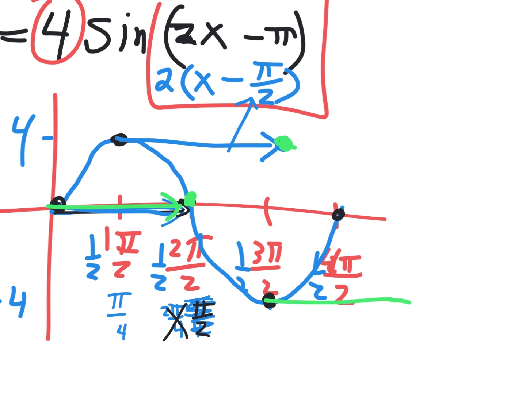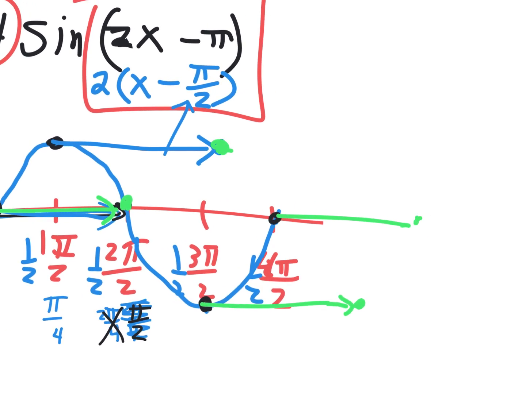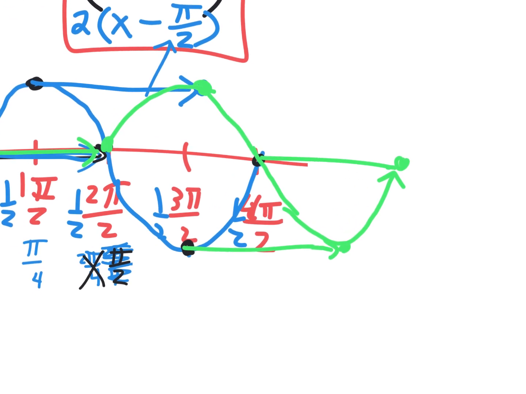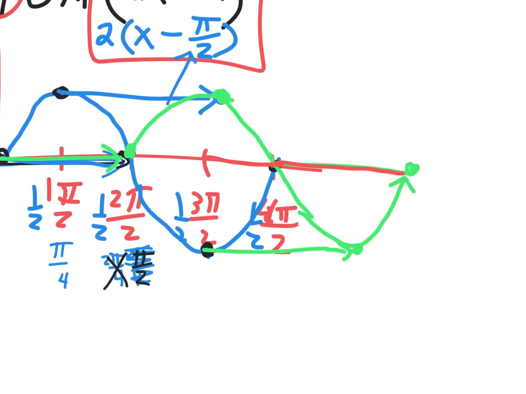This goes over 2 marks and it'd be about there. This goes over 2 marks and it'd be about there. And if you just look at the green marks, you might be able to follow this. Now it's the green one, and it's moved over 2 marks.